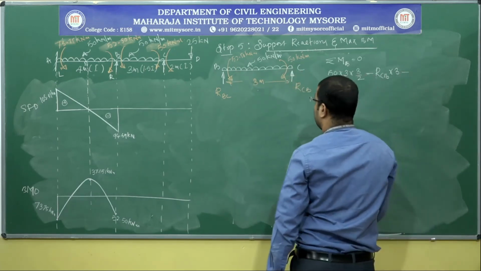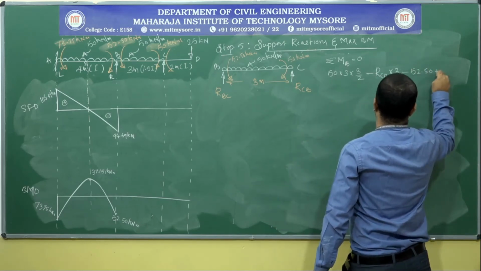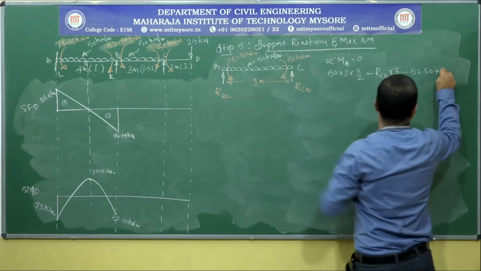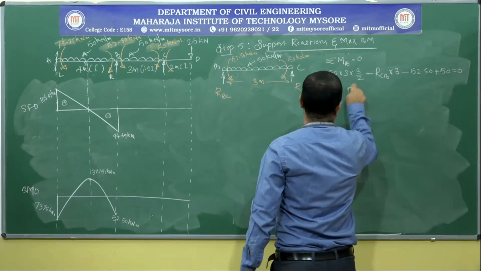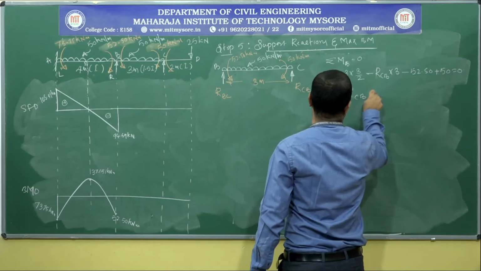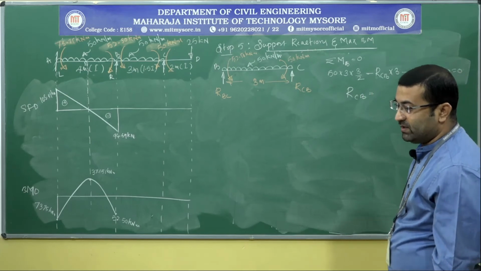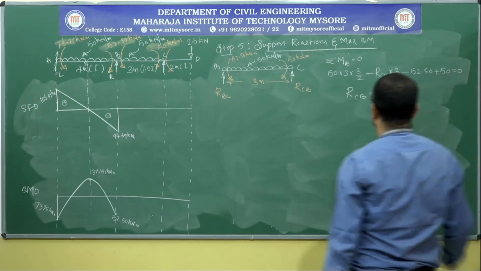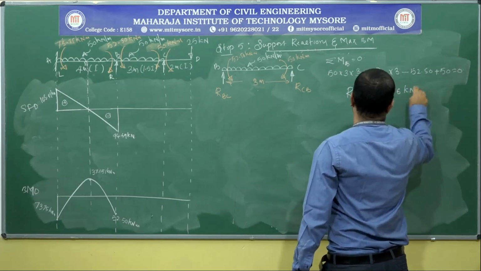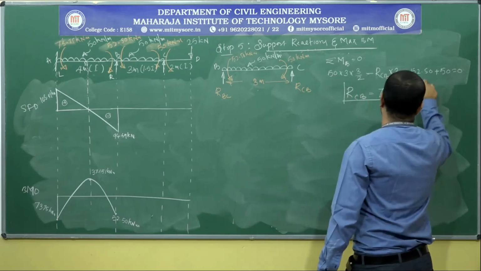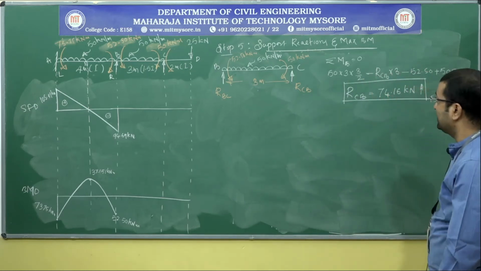So anticlockwise moment minus 52.50, then clockwise moment plus 50 equals 0. If you calculate the value of RCB, it yields about 74.16 kilonewtons. It is a positive value, it means its direction is vertically upwards.